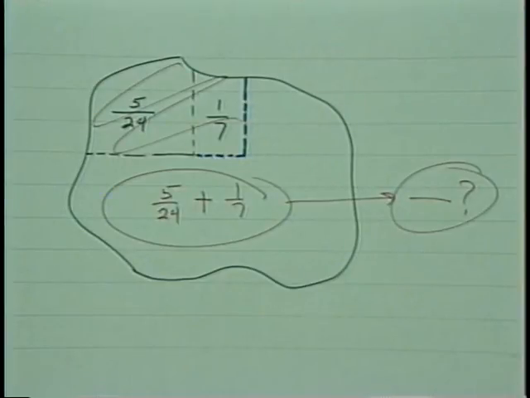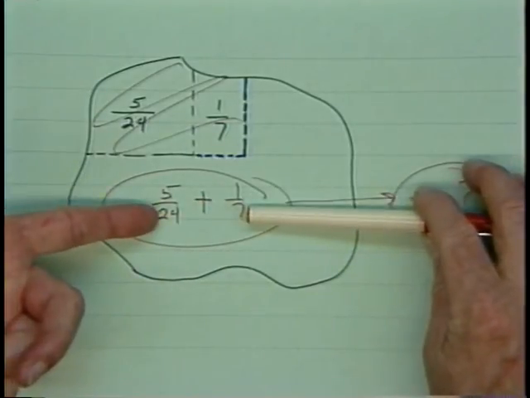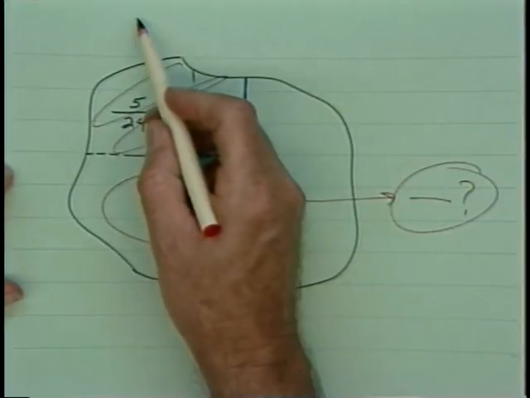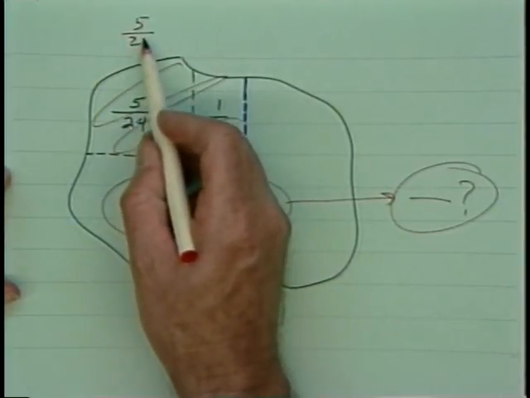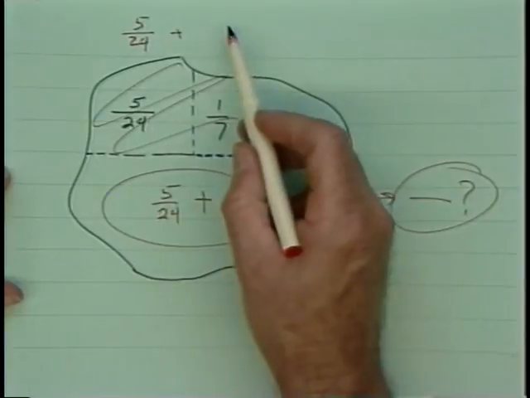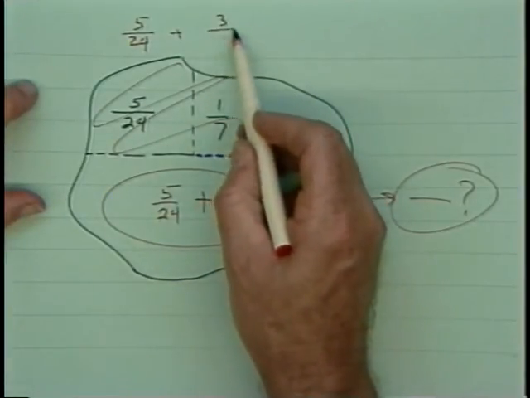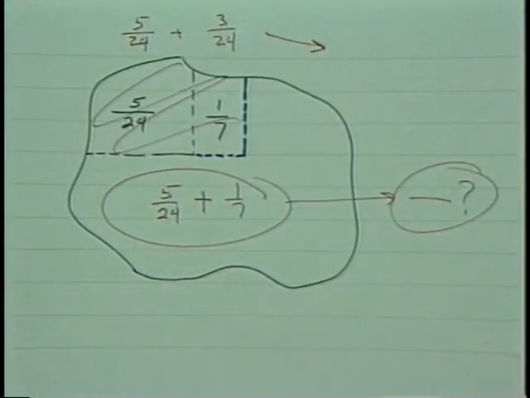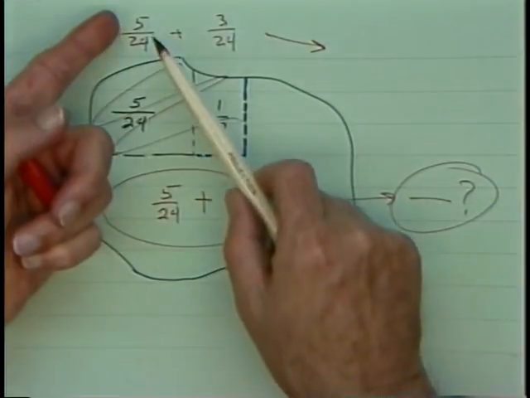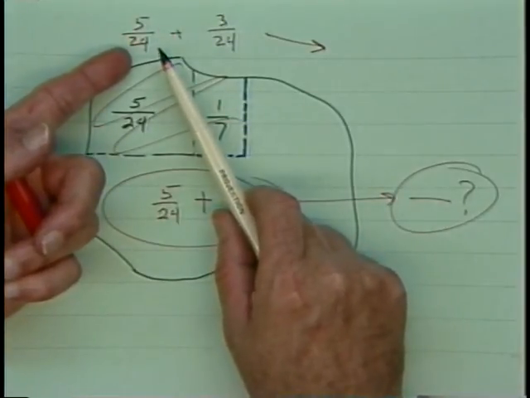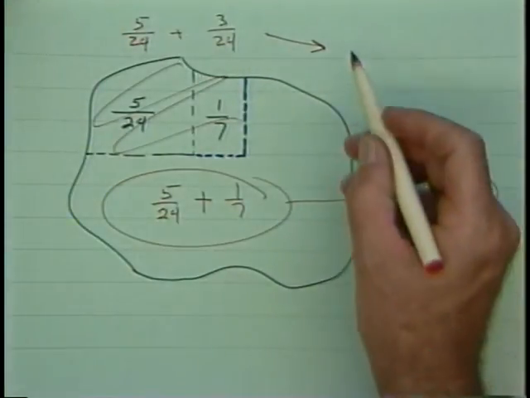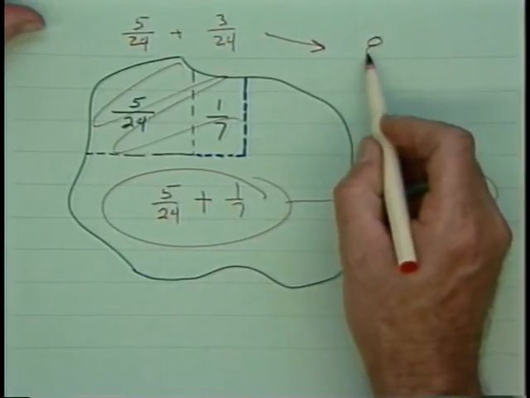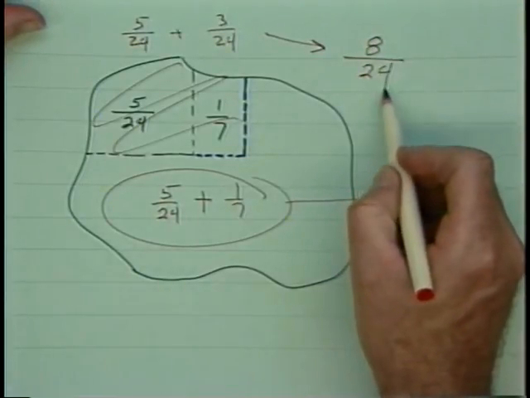Or in short, we want to review for you, how do you add fractions? And in particular, how do you add them if the denominators weren't the same? Because had I said that this is 5/24, then I want to add to that, let's say, 3 more out of 24, then common sense, without any arithmetic knowledge, would tell me that, gee, if I take 5/24 out of 24 and then 3 more out of 24, totally I have taken 8 out of 24.